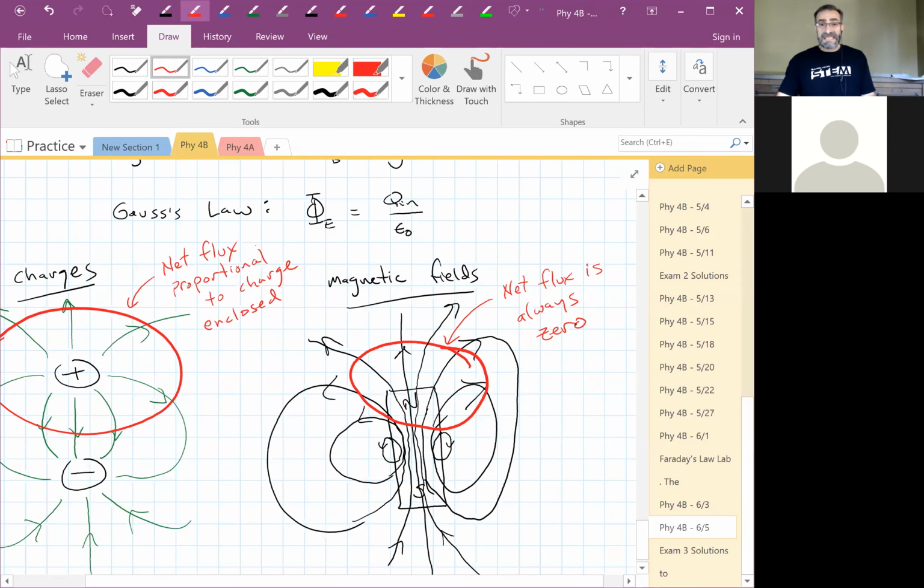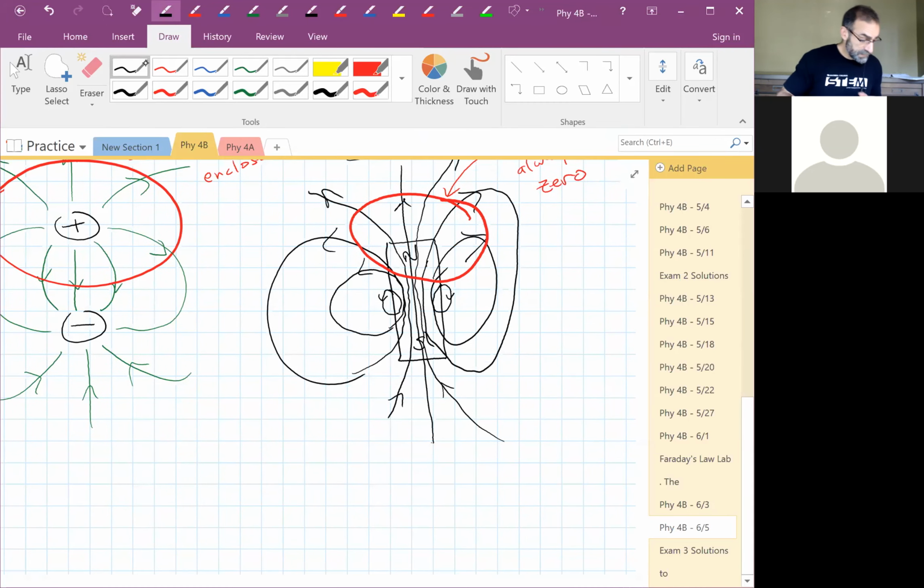I always have the same number of lines entering my enclosed surface as I have exiting the closed surface, because they form closed loops. The magnetic field lines always form closed loops.